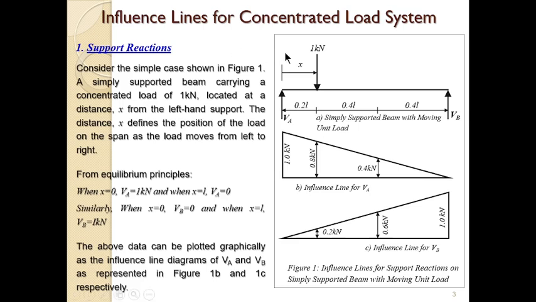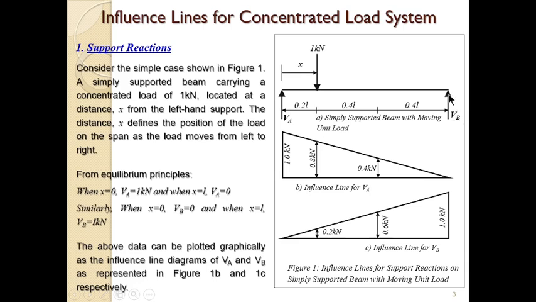Let's start by analyzing support reactions. Let's say we have a beam here, a road bridge or rail bridge, which has a span of L, and it has support here at A. Support A we call VA. It has support at point B, we call it VB.